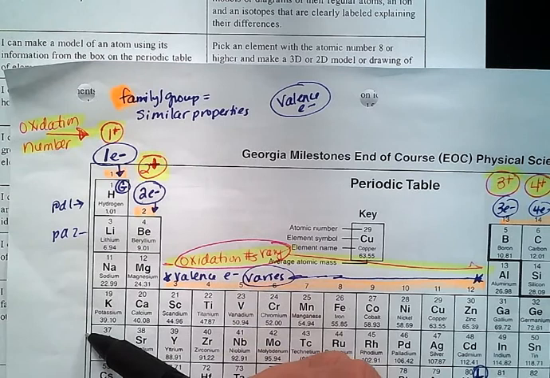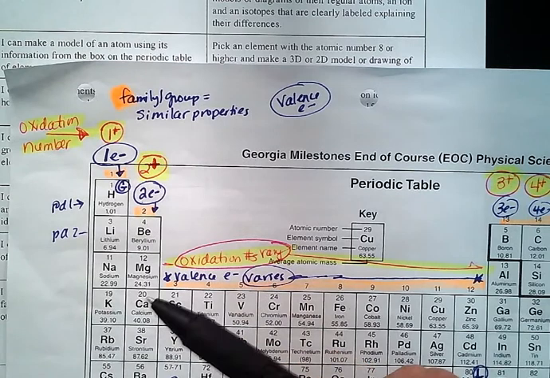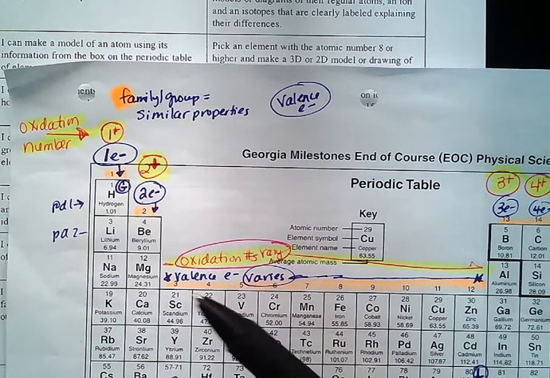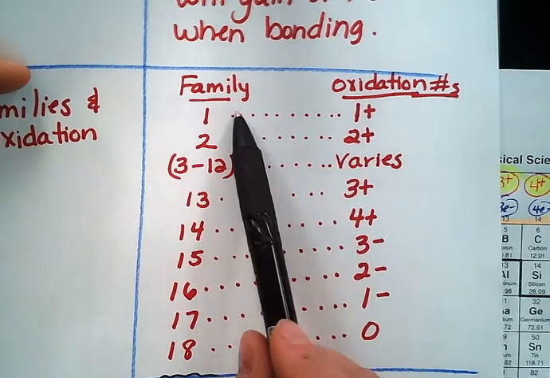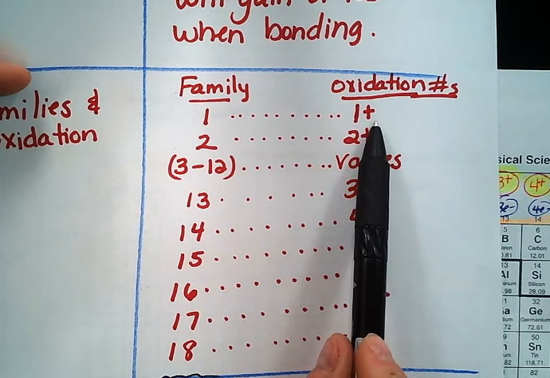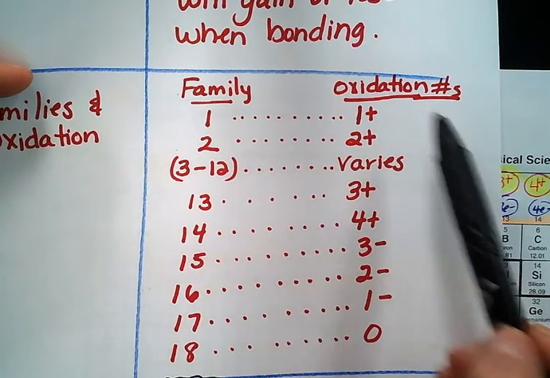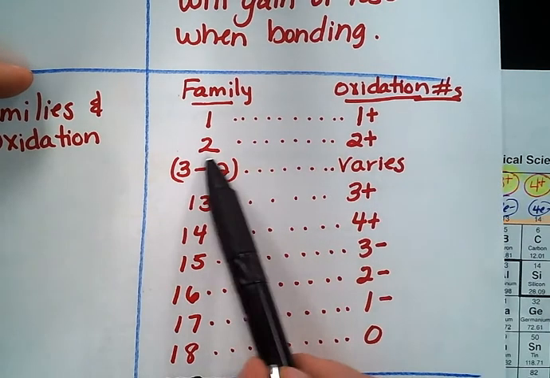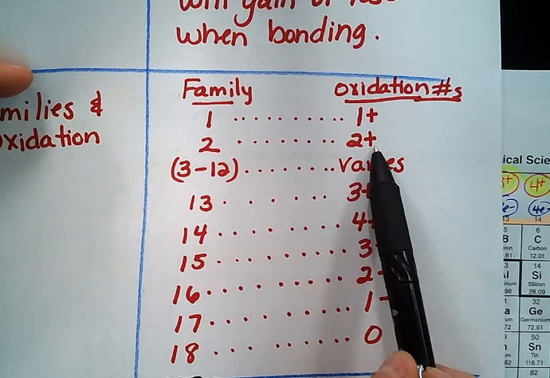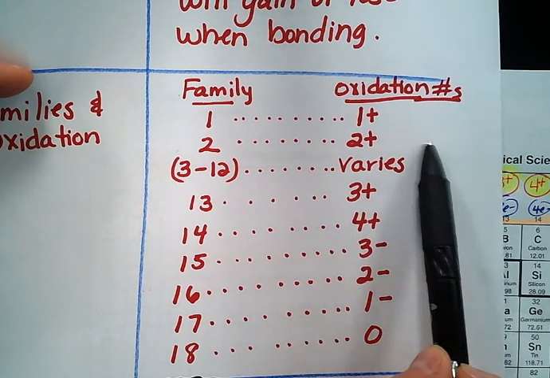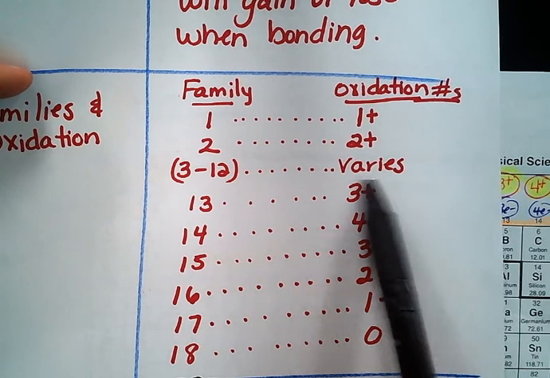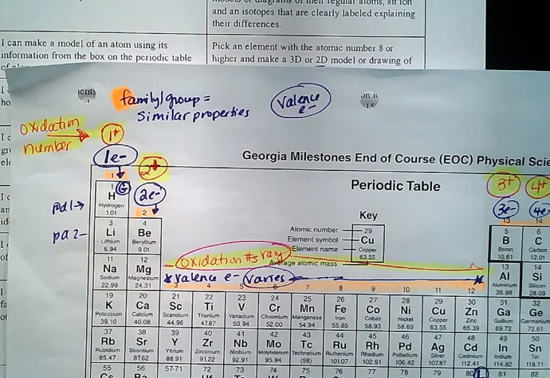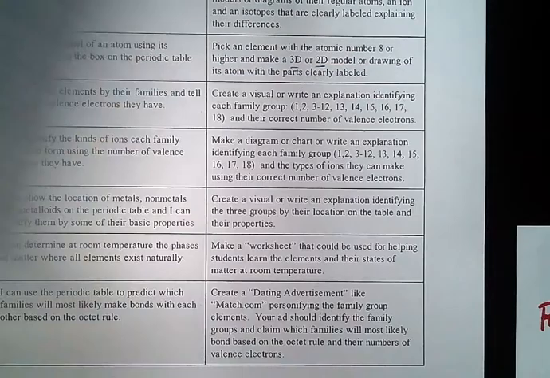I just have to make some sort of visual or chart, where it says, you know, family group 1 has a 1+ oxidation number, so it makes a positive ion. Family group 2 is going to have an oxidation number of 2, so it's going to make an ion with a positive 2 charge. Families 3 through 12 are going to vary, something like that. So you might want to do a chart or something to show that you have that.